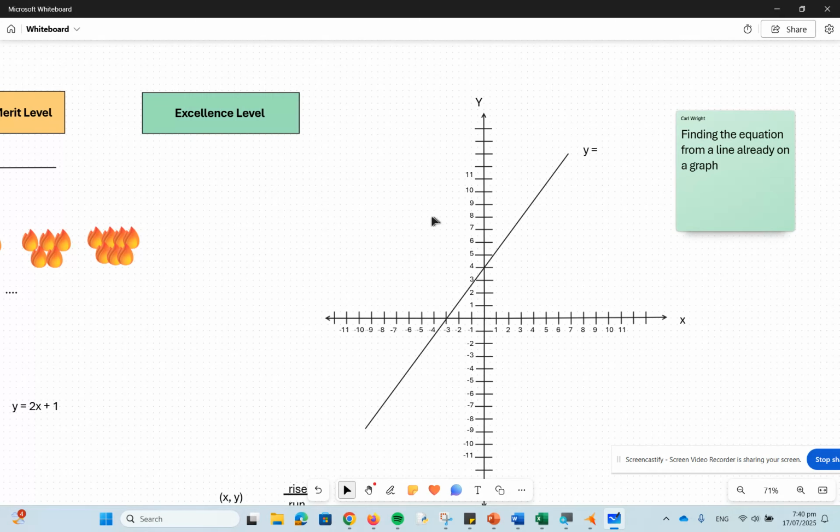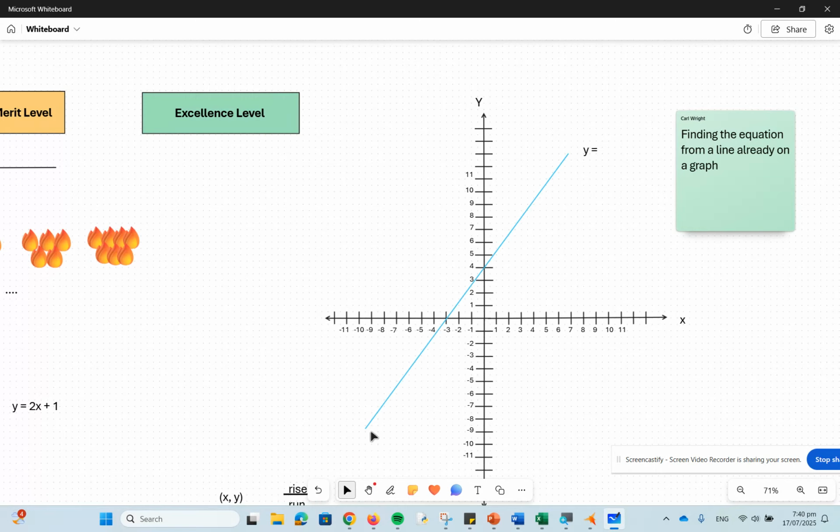Positive y and positive x is quadrant 1, positive y and negative x is quadrant 2, negative and negative is quadrant 3, and positive x and negative y is quadrant 4. So they're the different quadrants.